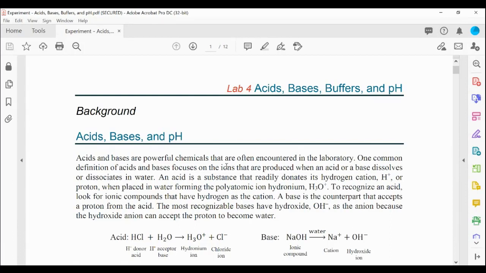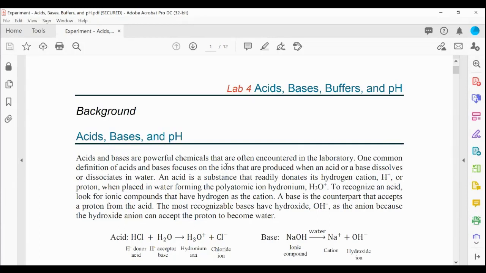So what are today's objectives of this experiment? What do we want to learn? Number 1, we are going to measure the pH of several solutions. Number 2, we are going to calculate the pH.